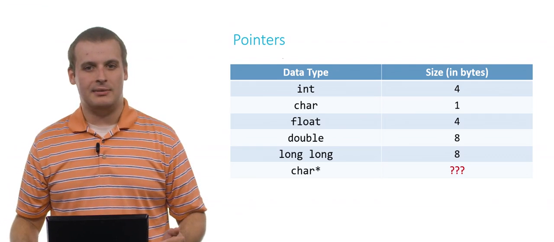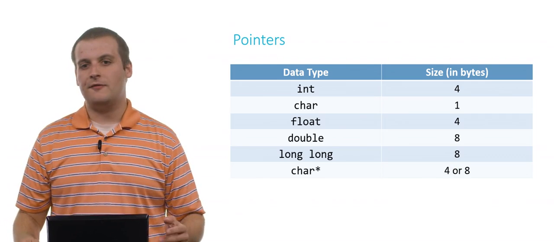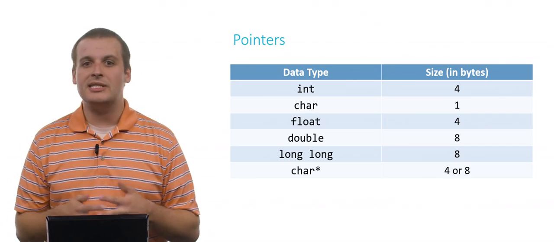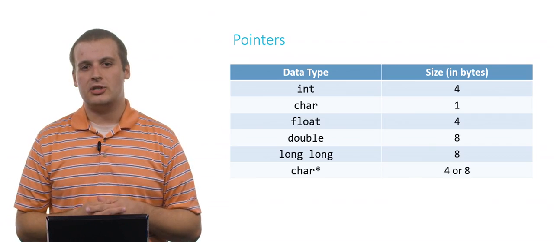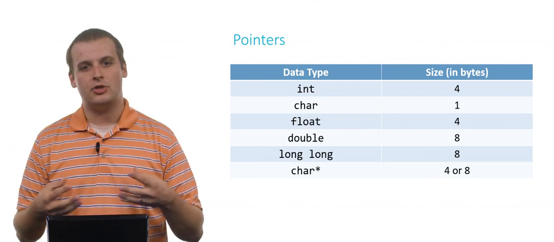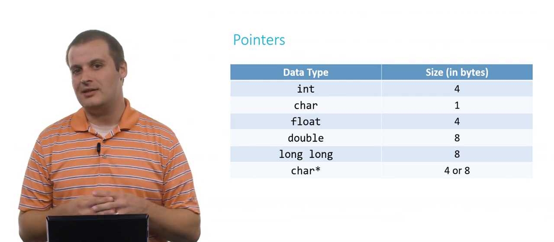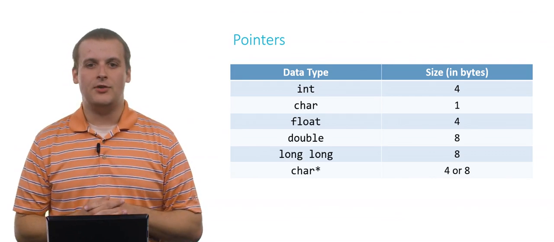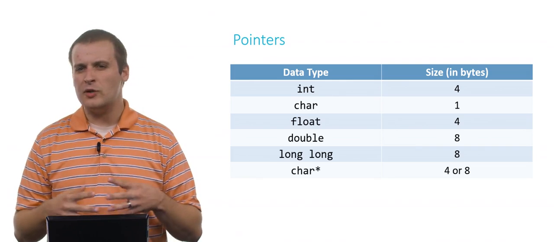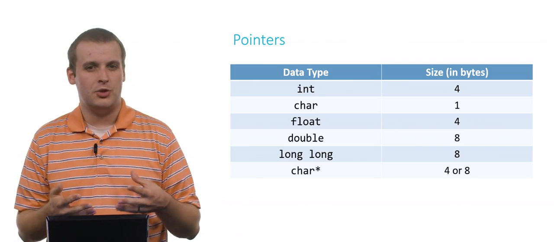So what is the size in bytes of a string? Well, it's 4 or 8. And the reason I say 4 or 8 is because it actually depends on the system. If you're using CS50 IDE, the size of a char star is 8. It's a 64-bit system. Every address in memory is 64 bits long. If you're using CS50 appliance or you're using any 32-bit machine, and you've heard that term 32-bit machine, what is a 32-bit machine?